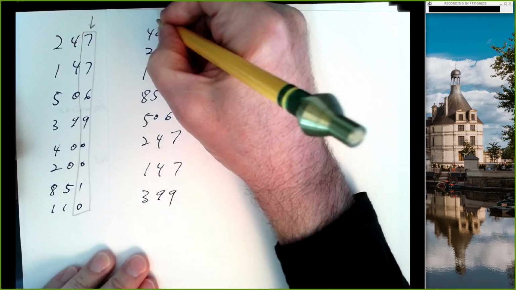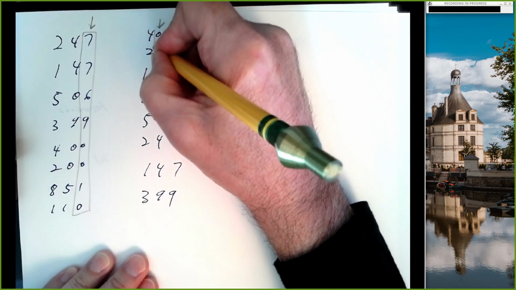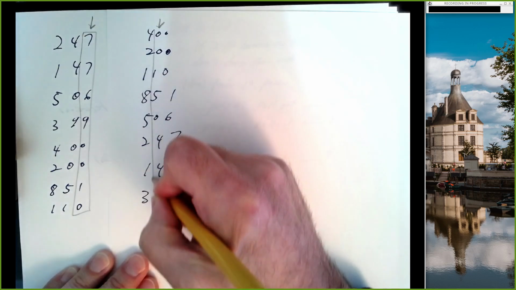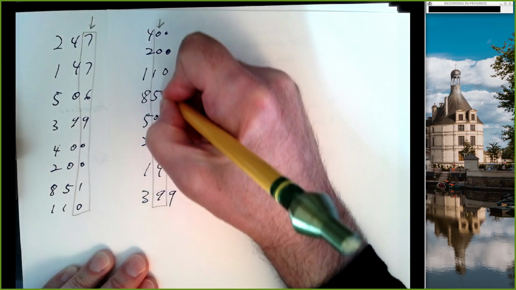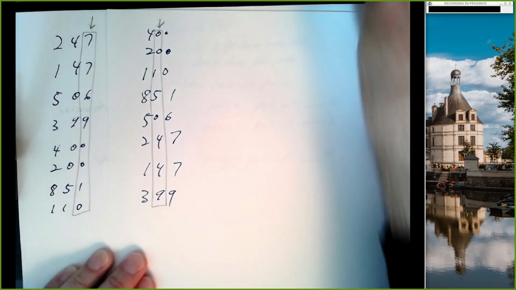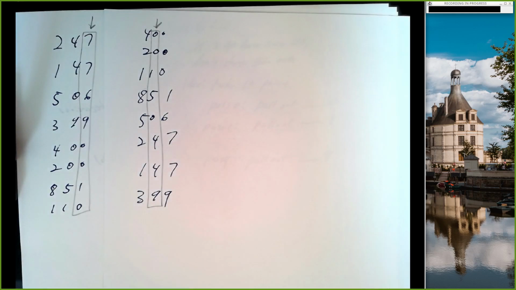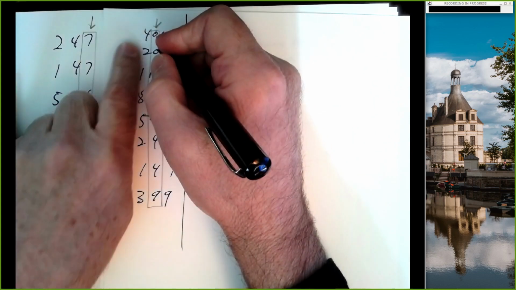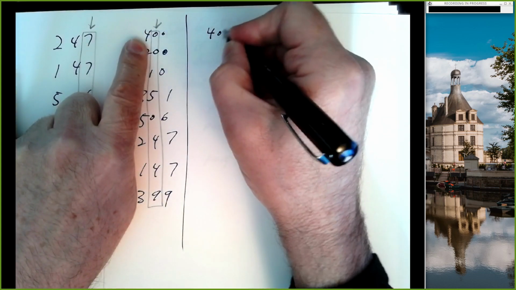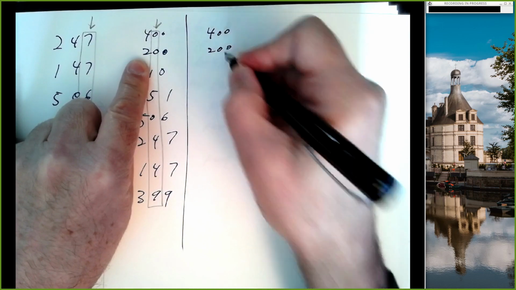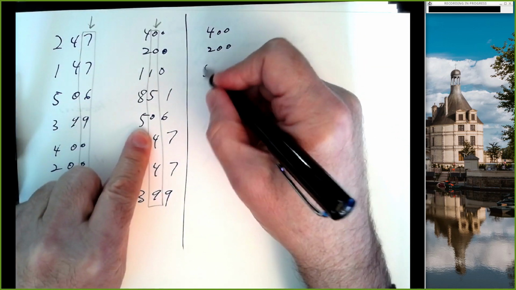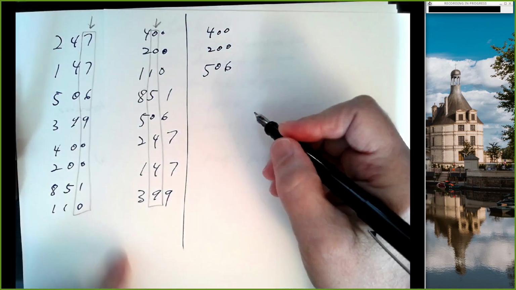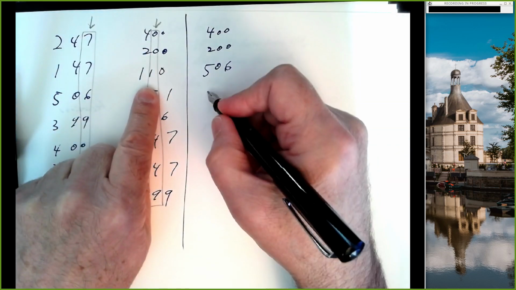Second pass, we're going to go through and do the same thing, but based on this second digit. And we can do this the same way by making 10 passes. So first we'll look for anything with a 0 in this second place, and we'll copy it to our output array. And then we'll look for anything with a 1 in this second place.